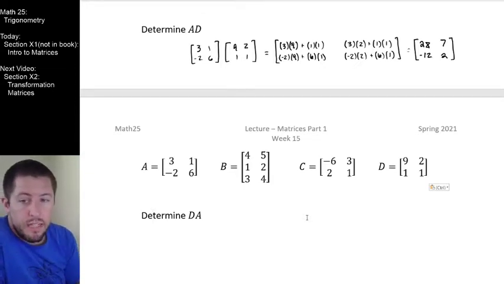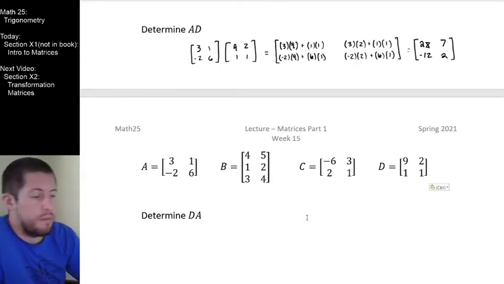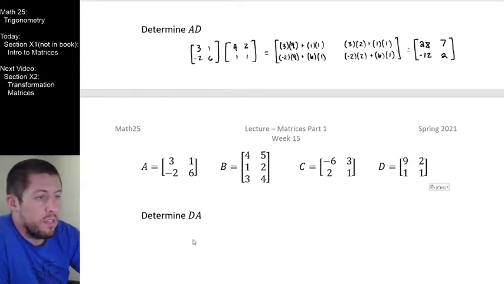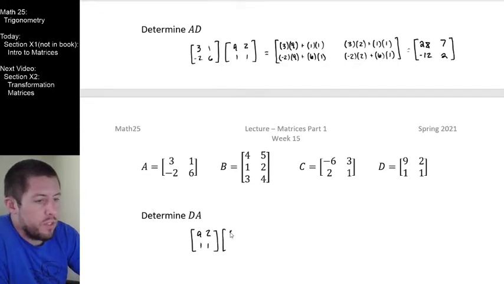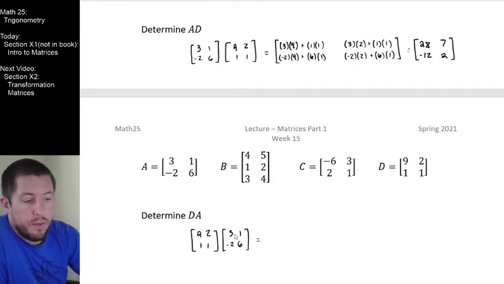I just asked you what's A times D. I'm now asking you what's D times A. Let's go ahead and do it here. So D times A, it looks like, is 9, 2, 1, 1, that's D, times A, which is 3, 1, negative 2, 6. Let's go ahead and do the matrix multiplication.